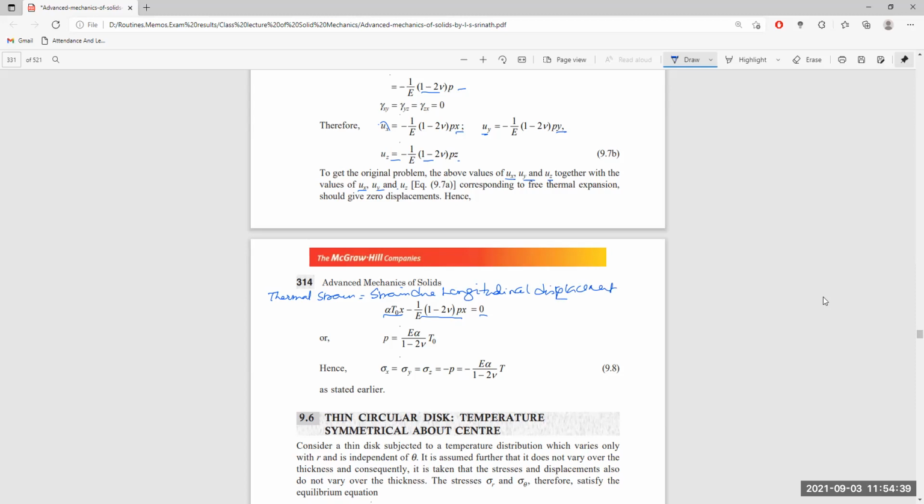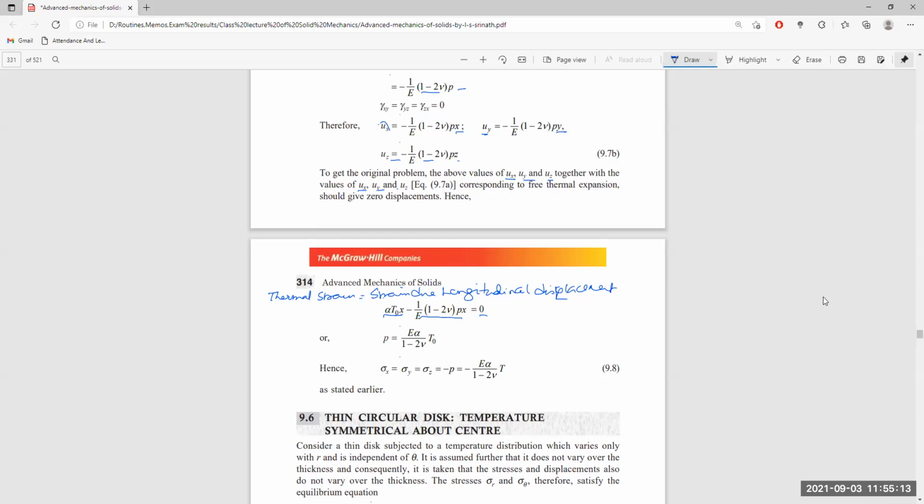We are using displacement, not strain, because we are multiplying the strain with the original length. Thus, from these two equations, we get the permissible value of the external pressure P, given by E into alpha divided by 1 minus 2 mu, into T. So the stress induced, sigma x, sigma y, and sigma z, is equal to minus P only. That is the only external stress applied, and it is equal to E alpha T over 1 minus 2 mu.